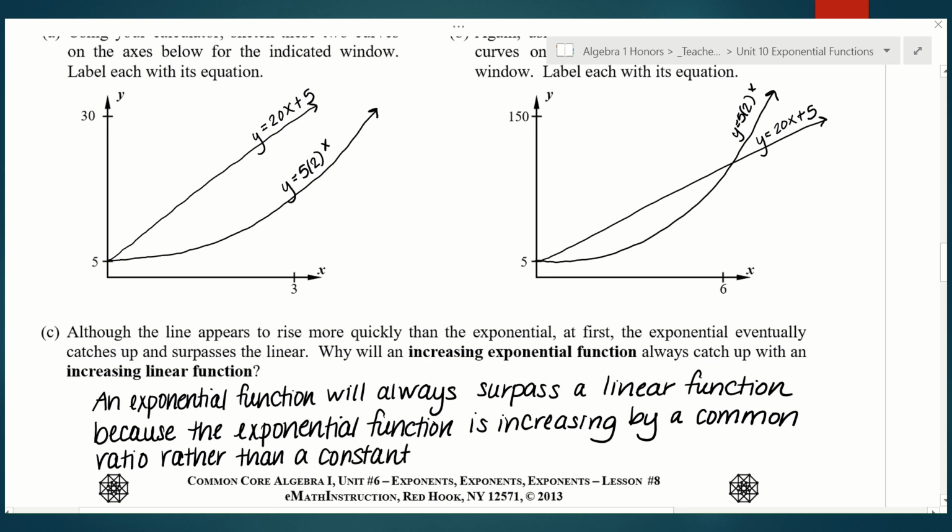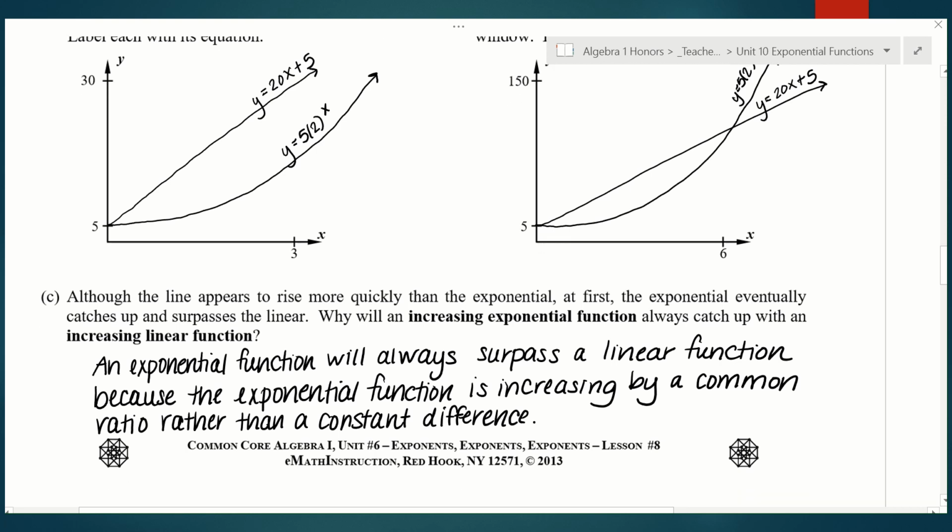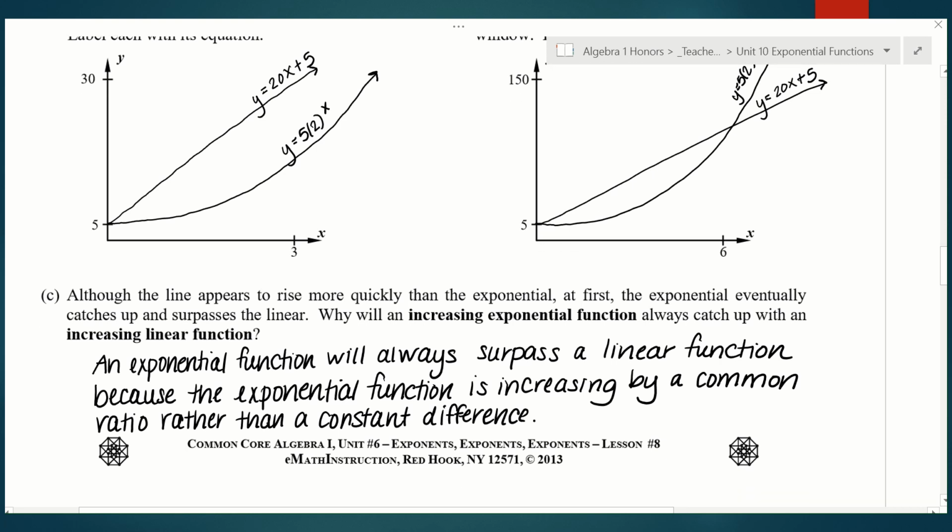a constant difference. So what's really cool about this, and I'm wondering if anybody picked up on it, is if you think back to when we learned about sequences and we talked about how an arithmetic sequence was when there was a common difference and a geometric sequence was when there was a common ratio. This is exactly what we were learning.